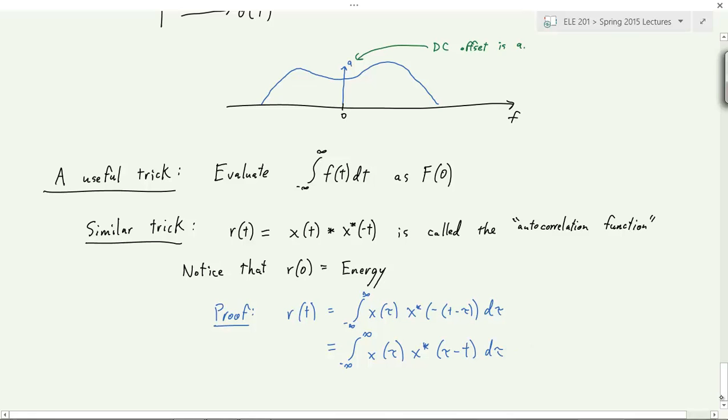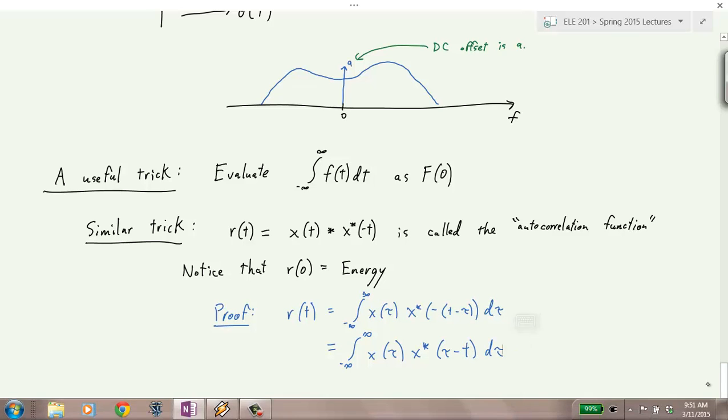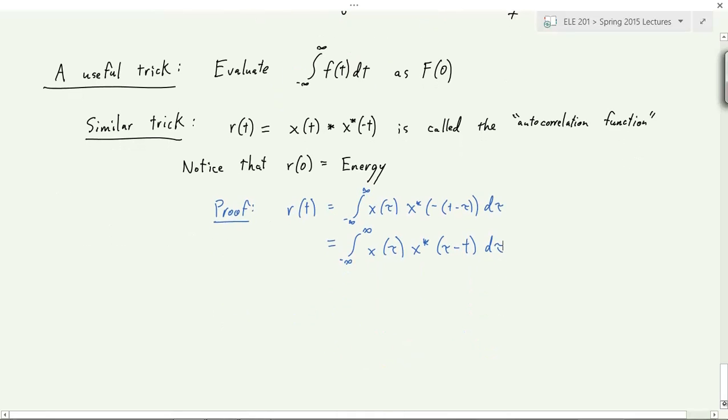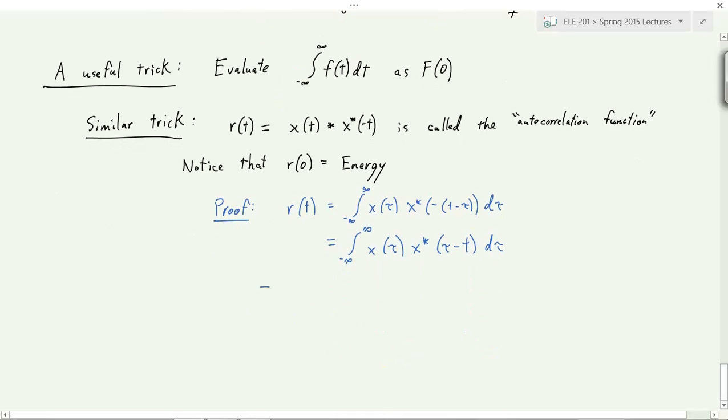And now we just plug in t equals 0, right? The autocorrelation function is a whole function, but if we just look at it at t equals 0, then it's the integral of x of tau, x conjugate of tau, which is magnitude squared, which means that's the energy. Okay, so just applying the same trick in another context.